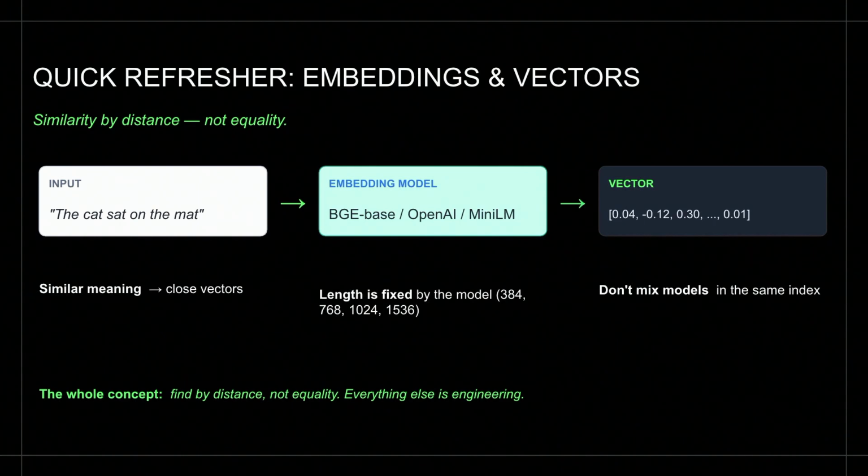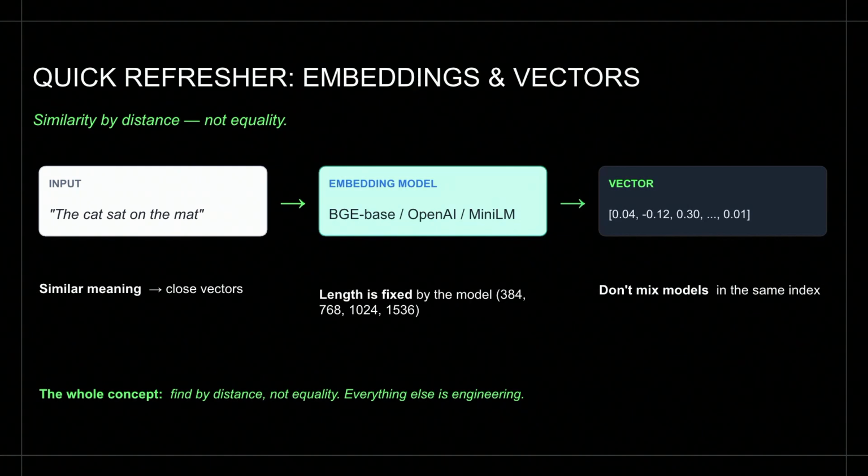So red Nike and Crimson Air Max, two different queries, none have the same words, but they will have similar answers, or be close in the vector space. The second thing you need to remember is that the length of the vector, the vector dimensions, is fixed by the model.